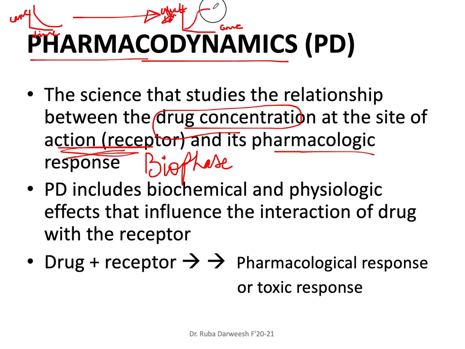So we will have whatever profile that we have. We study the relationship between the drug concentration and the response, or the effect of the drug, and anything related to this relationship will be studied under the dynamics of the drug. Usually we are studying whatever is happening between the drug and receptors to give us the sufficient efficacy, which is the maximum effect that we want, with the lowest toxic response.